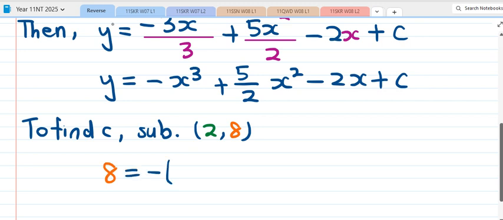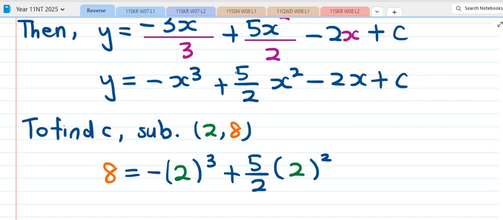Okay, be careful over here. Please make sure that you write down the x inside a pair of brackets. So negative bracket 2 cubed plus 5 over 2 x squared, same thing. The 2 will be inside the bracket, outside will be a square, and then 2x is going to be 2 bracket 2, plus c.